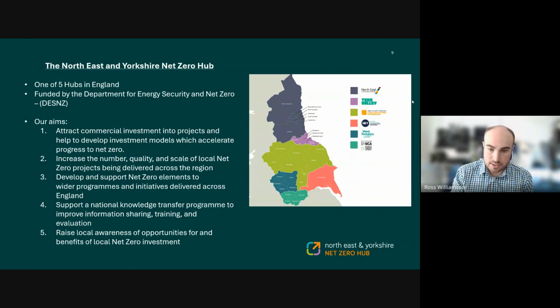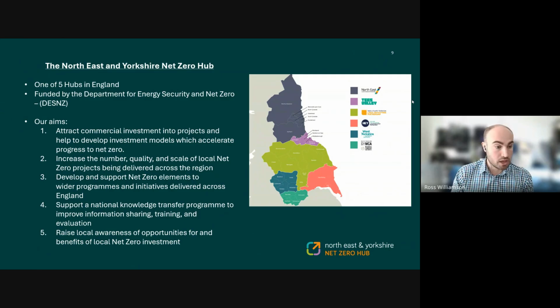That means attracting investment, increasing the pace of existing projects, developing programs, and knowledge sharing. There are a lot of examples out there that we can not only take inspiration from, but also take more detailed learnings from, like how successful projects went through the stages. And then also raising local awareness.